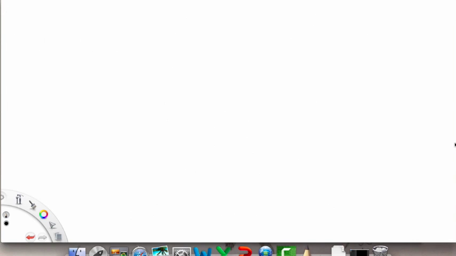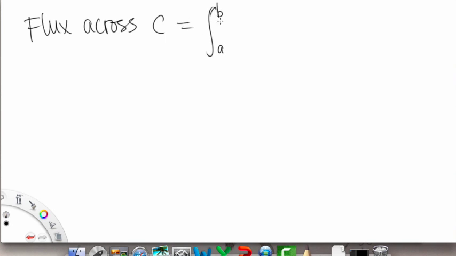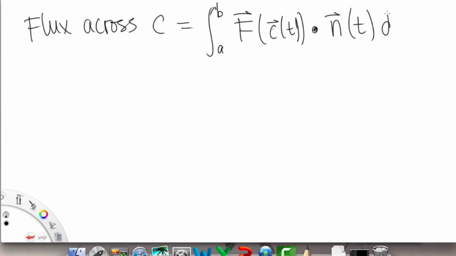What we have is the flux across C, some curve, is equal to the integral from a to b, the bounds on t. The beginning is going to look the same, so we have our C of t, because that's just the parameterization for the curve. Now we're dotting it, instead of with the unit tangent, with the normal vector.